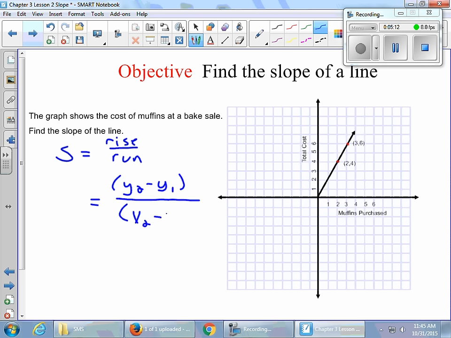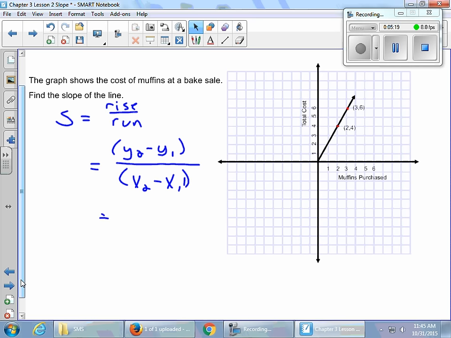Okay, now how do I know which one's x2, y2? When we label, we always go from left to right. So our first point we come to on our left side is (2, 4). So our 2 is going to be our x1, and our 4 is going to be our y1. Remember, on the coordinate plane, one of the coordinates is an x coordinate, the other one is a y coordinate. So that makes our (3, 6) our x2 and our y2.